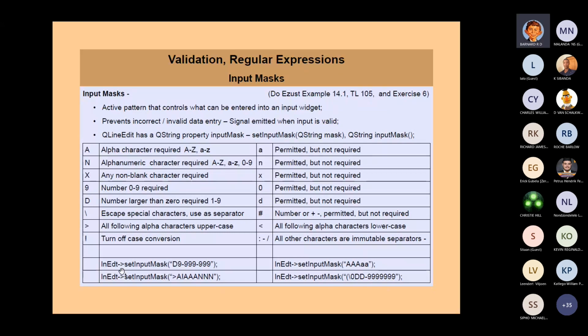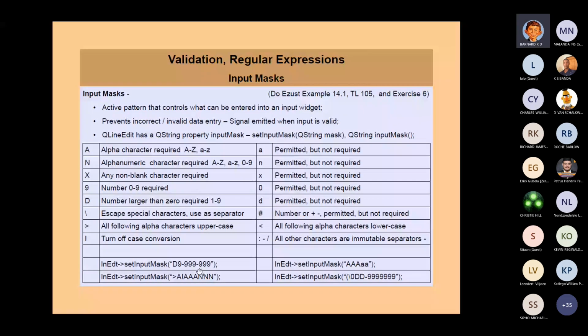In some examples of setting input masks, notice that it's a string, so it's got to be in inverted commas. The capital D at the beginning here means that it must be a number larger than 0, and it's compulsory. In other words, what we're setting there is that the first number cannot be 0. We then have the nines, which means the number 0 to 9 is required.